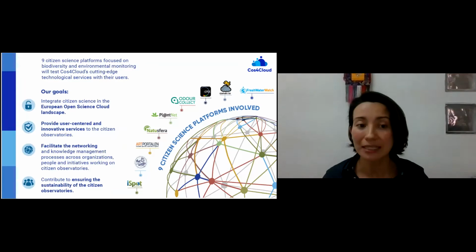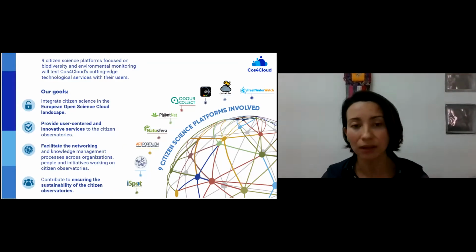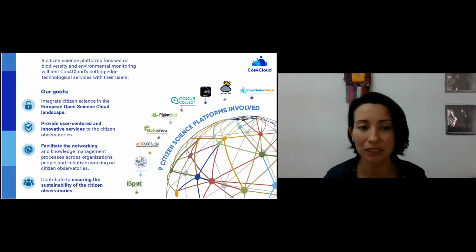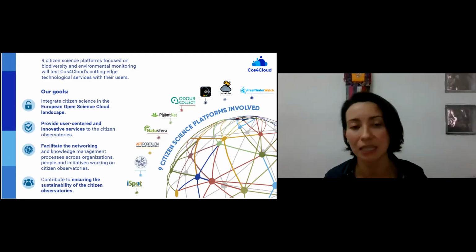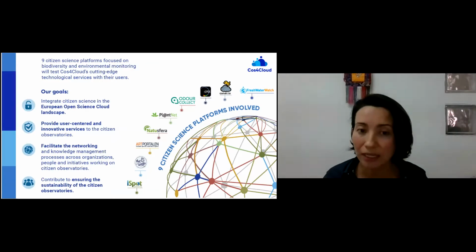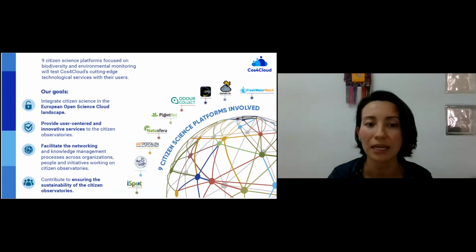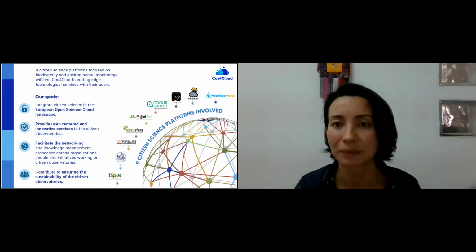The project will make these services available in the European Open Science Cloud. Among other things, the new technologies that we are developing will allow for improved interoperability, networking, data quality, security, and management of data within the citizen observatories.